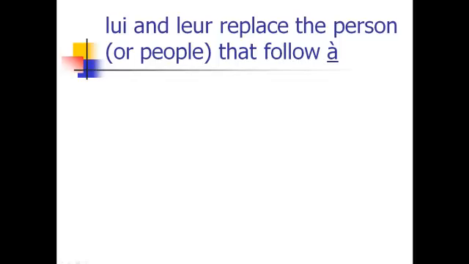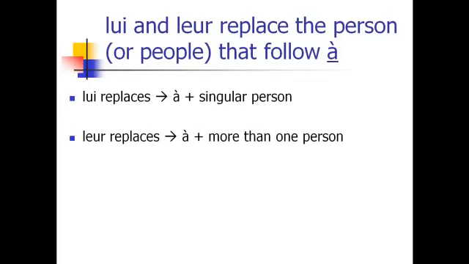So it's important to note that lui and leur replace a person or people that follow the word à. So if you're going to use lui, lui is going to replace the word à and the singular person that follows it. Leur is going to replace the word à and the people that follow it. Now remember, that could be a contraction. It could be au or aux as well.